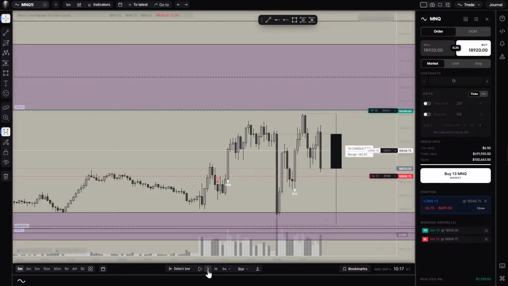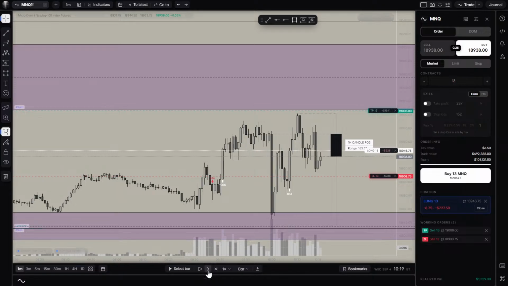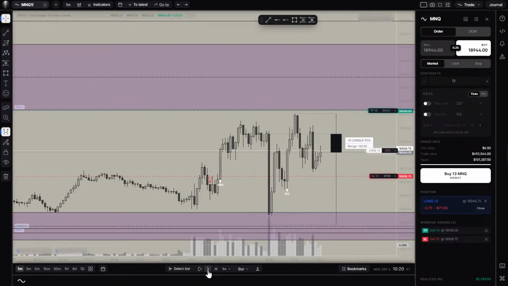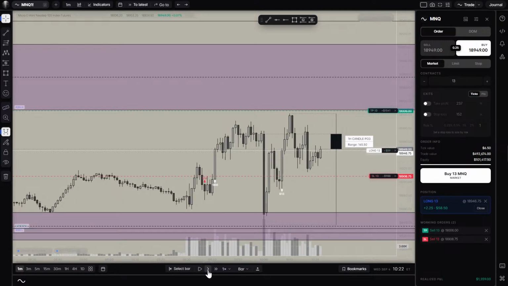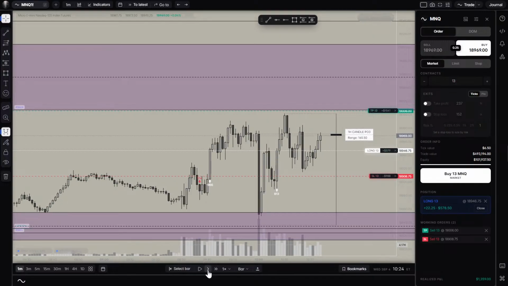Okay, price is just choppy, guys. We move into another gap. We respect. Okay, we close it. This is some shitty price action.